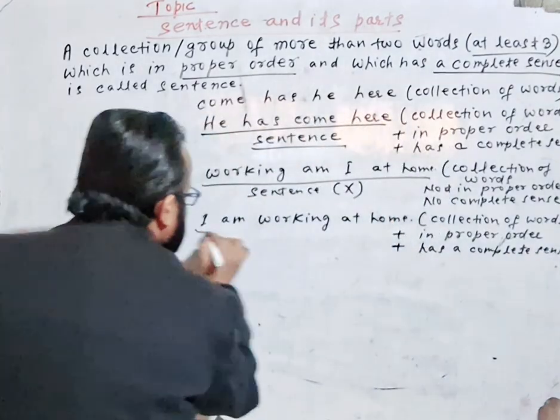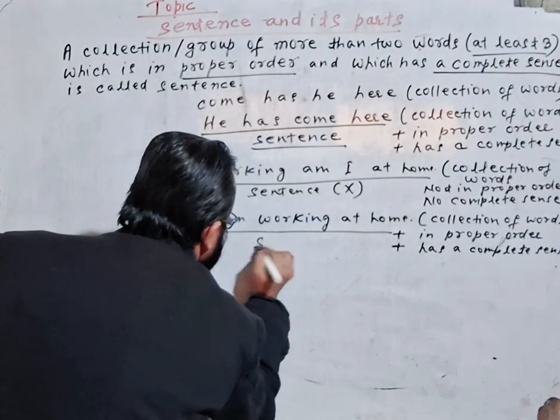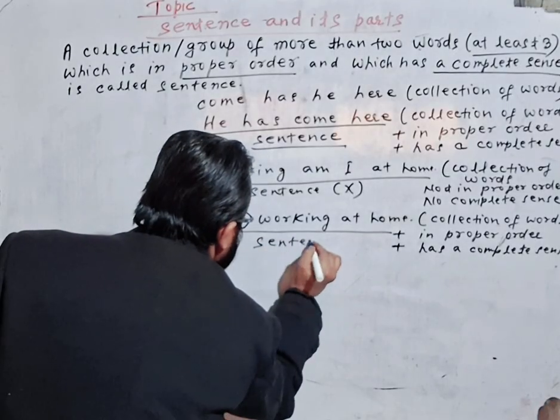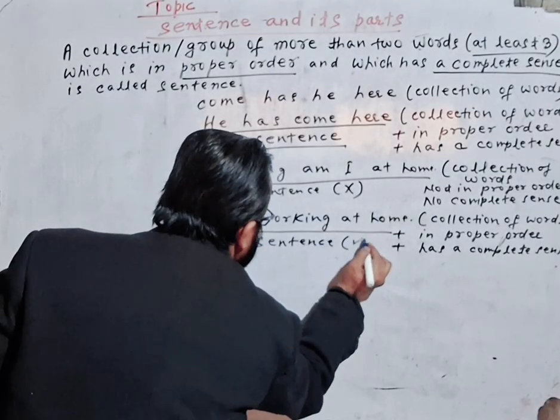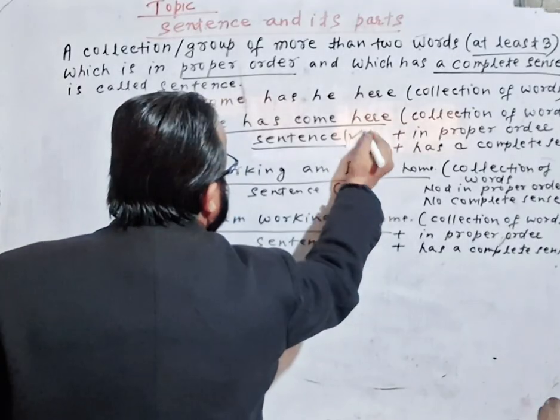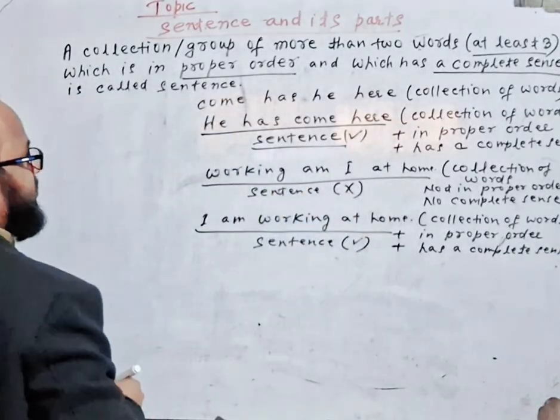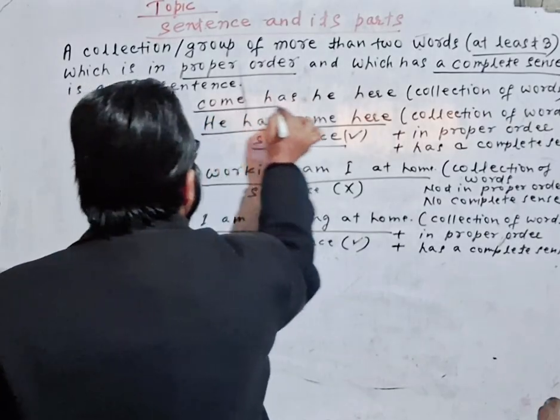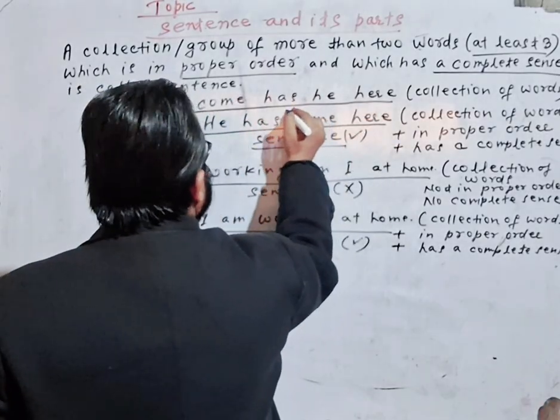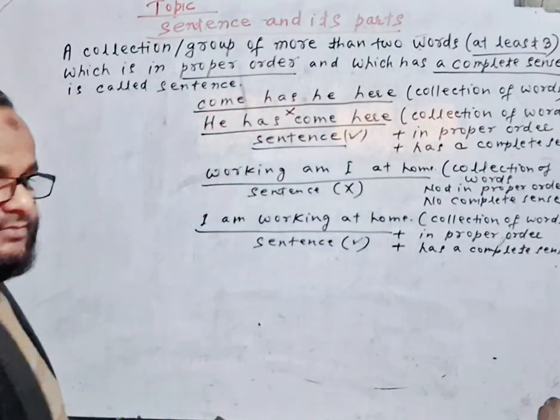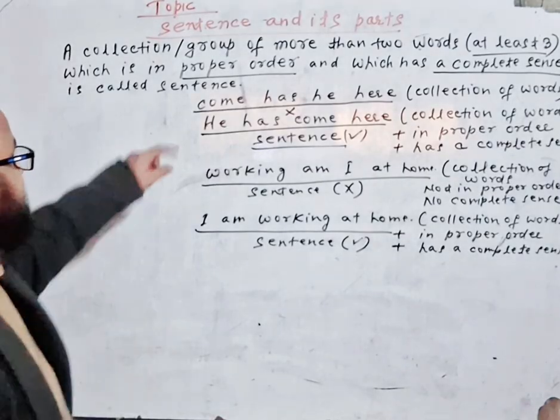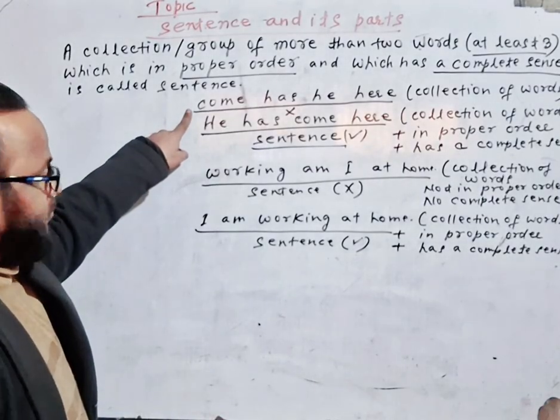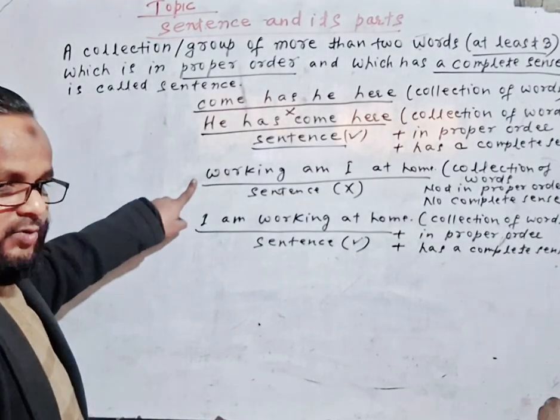That's why this is a sentence, but this is not a sentence. Right? And this is also not a sentence, because this is not in proper order.